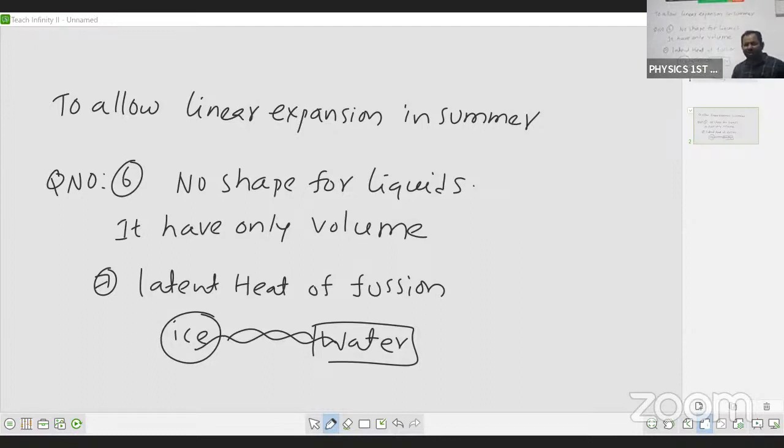What is latent heat? Heat required for a body to change its state completely. Solid state to liquid state. Ice, water, three states are present: solid state we call ice, water is liquid state, vapor is nothing but gaseous state. So the heat required for a substance to convert its state from solid to liquid is the latent heat of fusion.